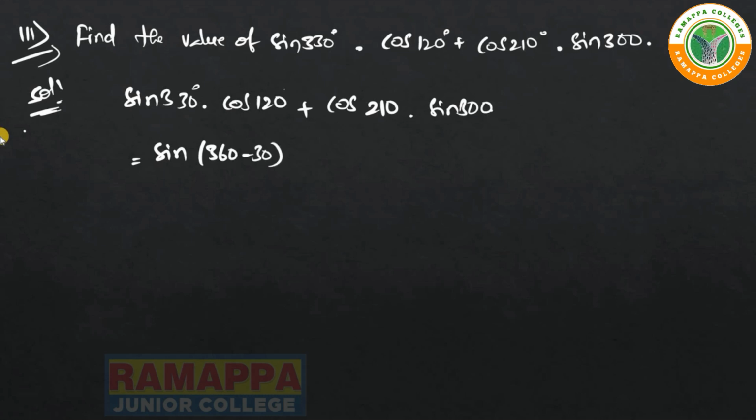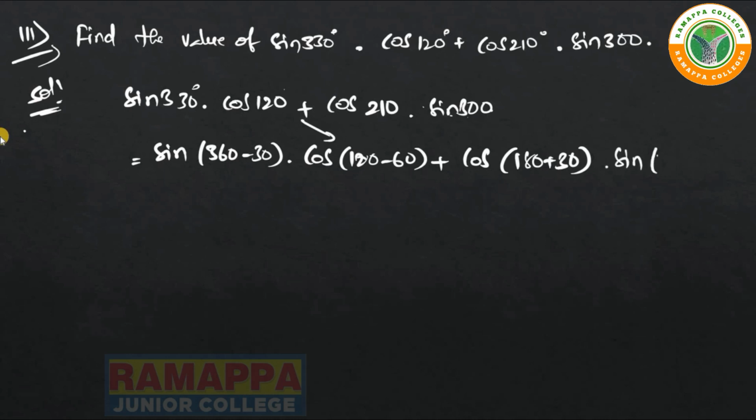Cos 120 I will write as cos of 180 minus 60. Cos 210 I will write as cos of 180 plus 30, and sin 300 I will write as sin of 360 minus 60.